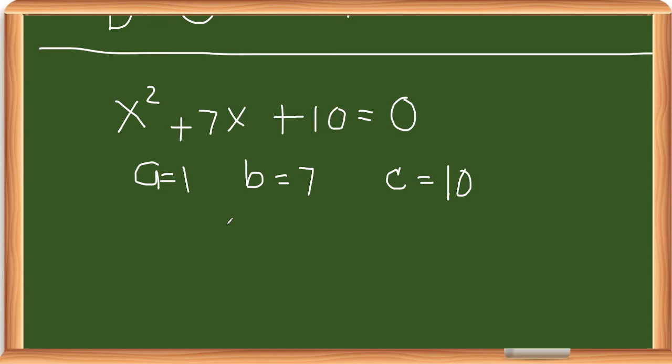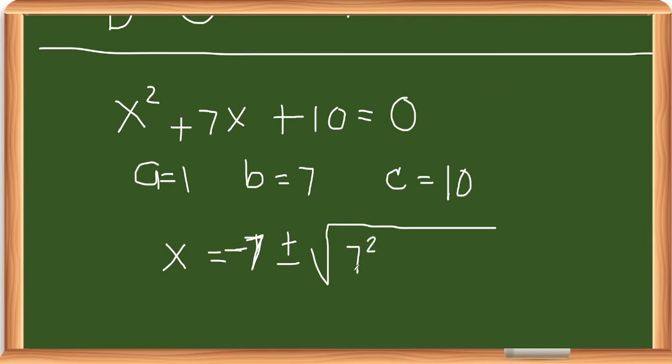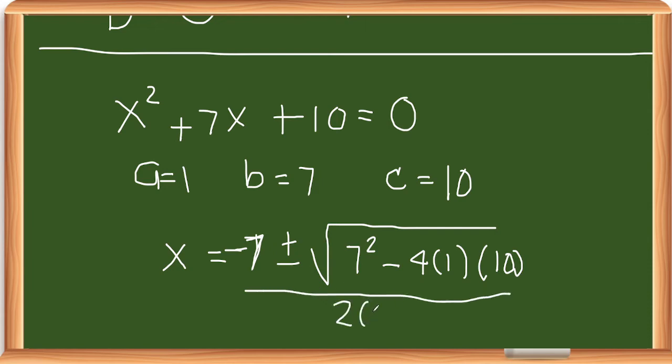Going back to the quadratic formula, yung x mo is equal to negative b, which is 7, so that is minus 7, plus and minus the square root of b squared, negative 7 squared, and then minus 4 times a, which is 1, times c, which is 10, all over 2 times 1.